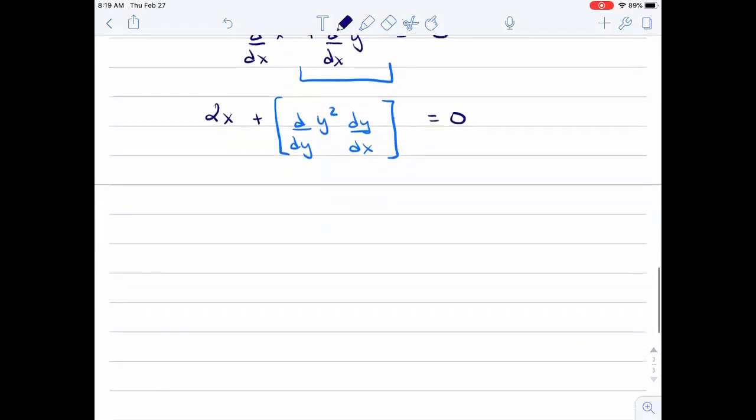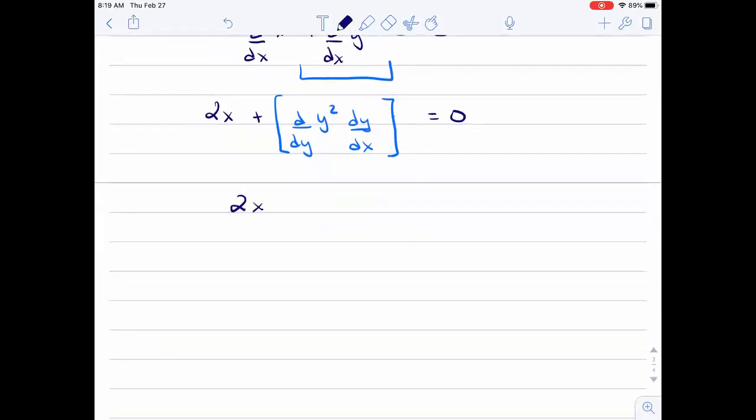Equals 0. So I've got 2x plus, and then the derivative of y squared with respect to y is just going to be 2y times dy dx. So whatever the derivative of y is with respect to x, you could replace that with y prime, equals 0.